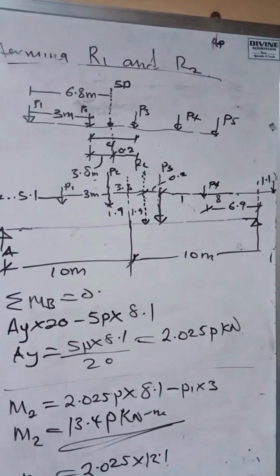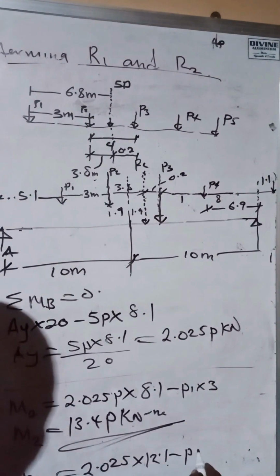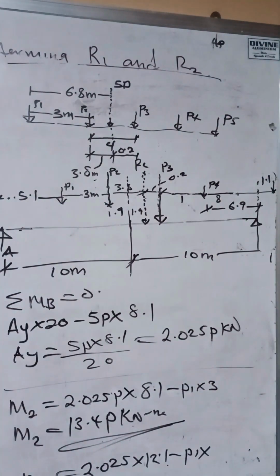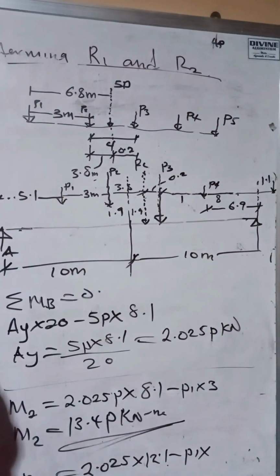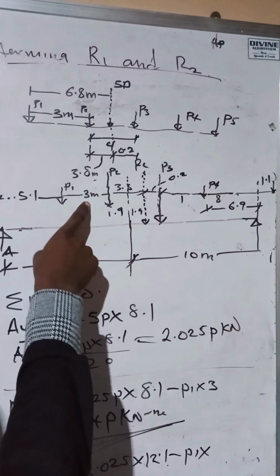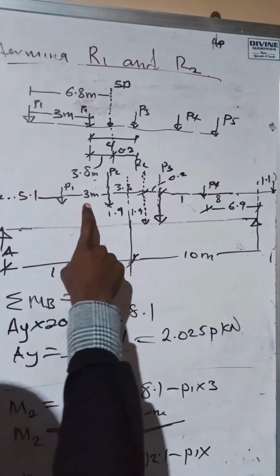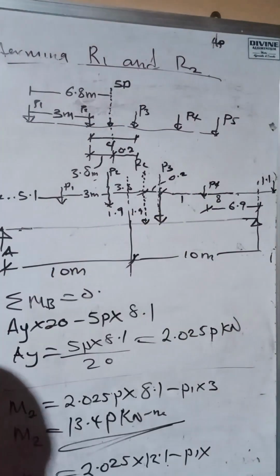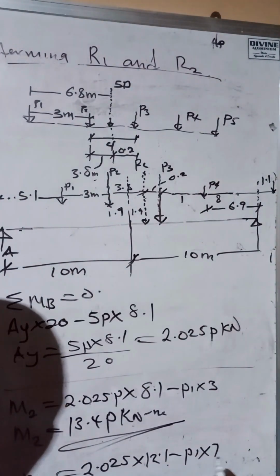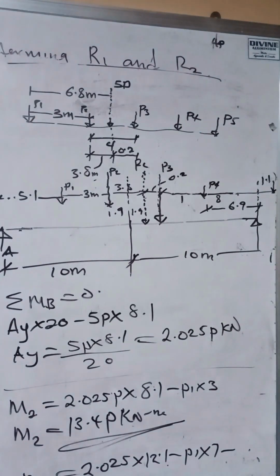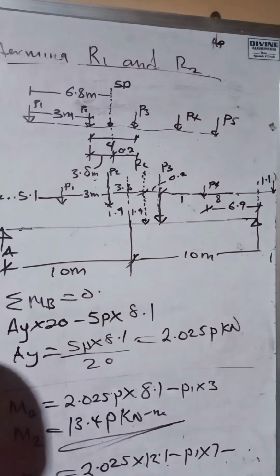And let's look for that of P1. We have P1 times the distance to P3. Here is 3 meters, and to P3 is 4, so we're going to have P1 times 7. The next is P2, so we have P2 times the distance to P3, which is 4.